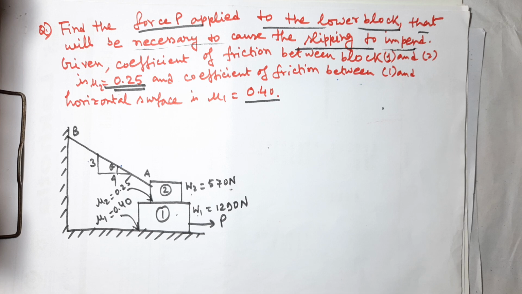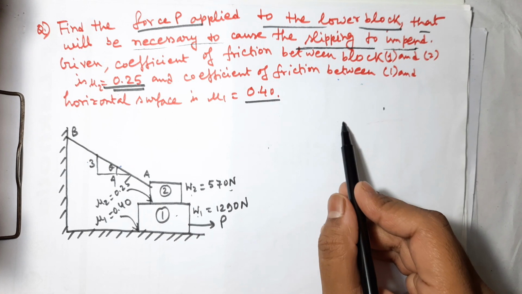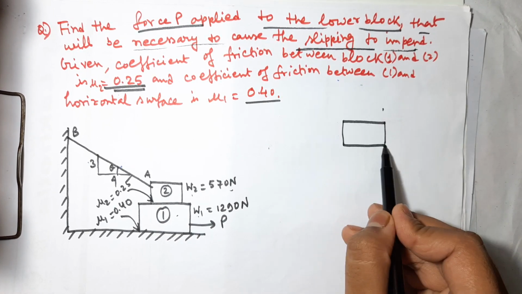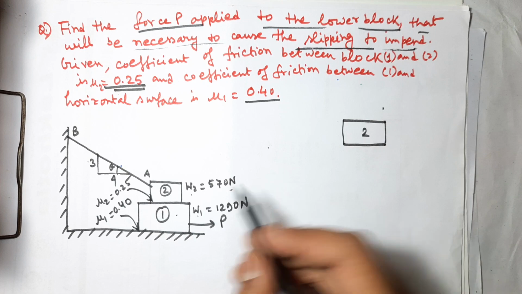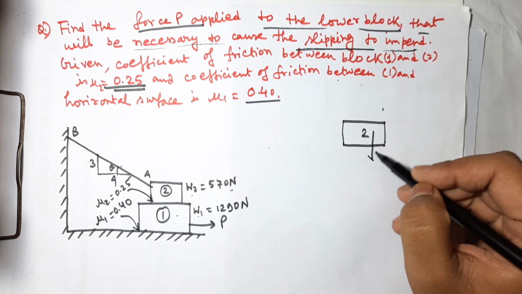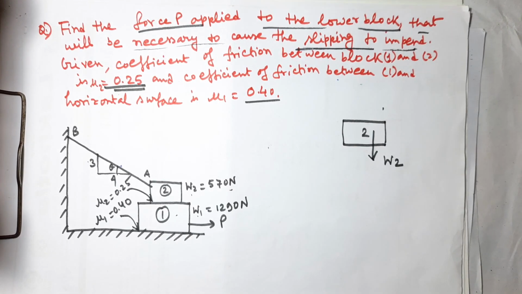If I consider the second block, W2 is 570 Newton, acting vertically downward.